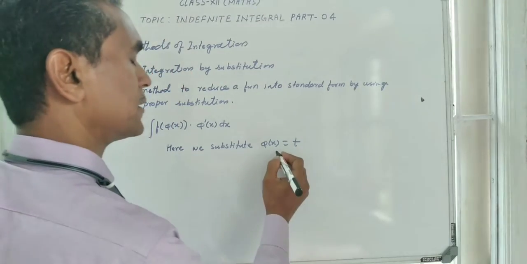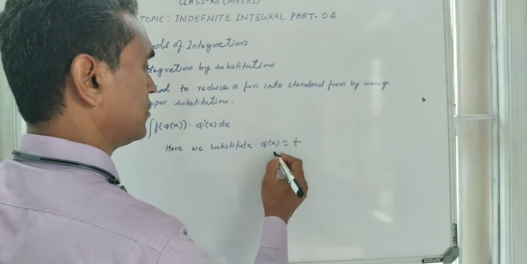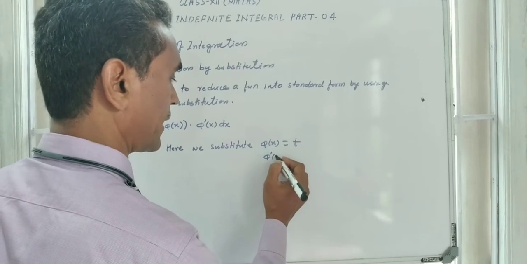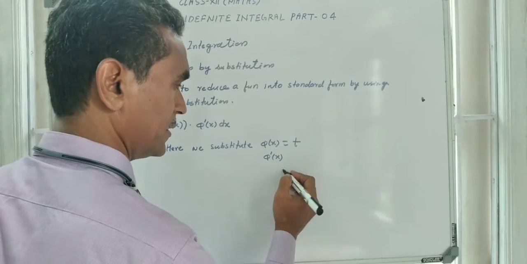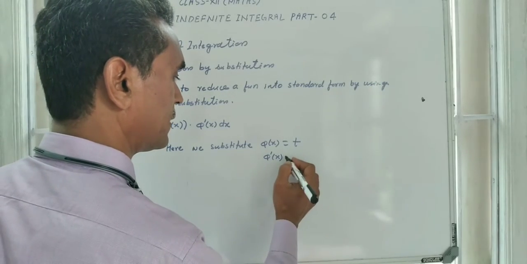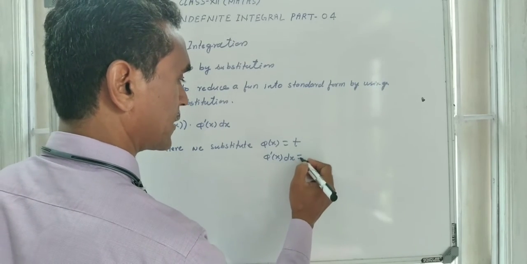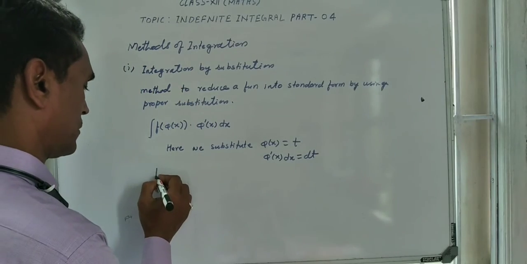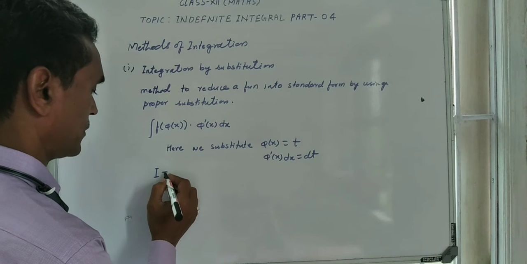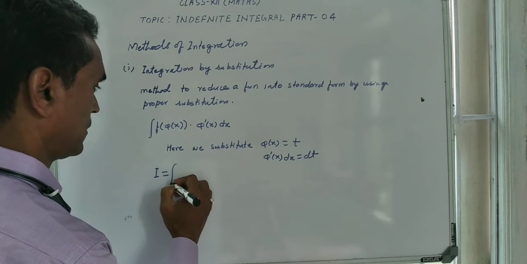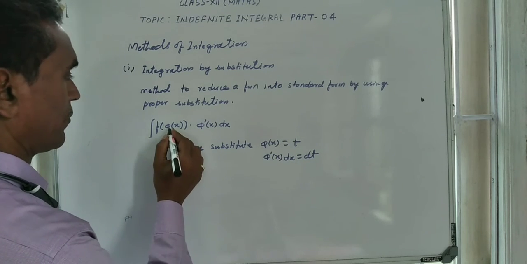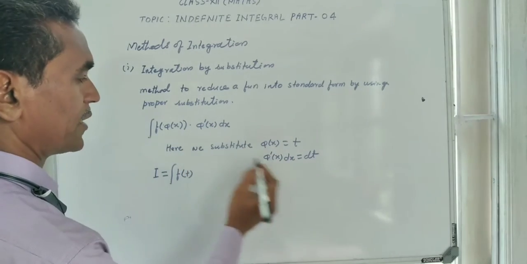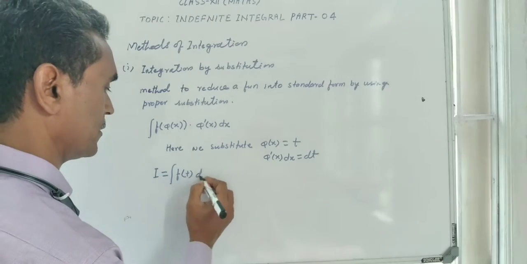Differentiating this with respect to t, both sides, we get phi dash x times dx by dt. If dt goes to the right side, it becomes dx equal to dt. So after substitution, we get this type of integral f of phi x, so f of t, and phi dash x dx equal to dt.